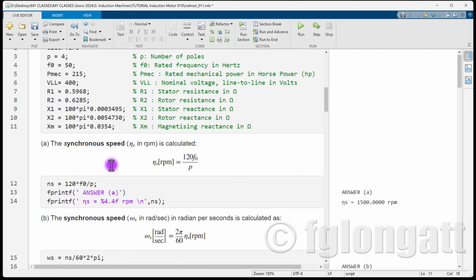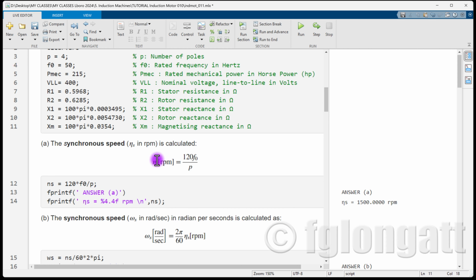So the very first question is very simple, related to the synchronous speed. You must remember the synchronous speed is defined by the frequency of the signal applied to the stator and also the number of poles of the winding.